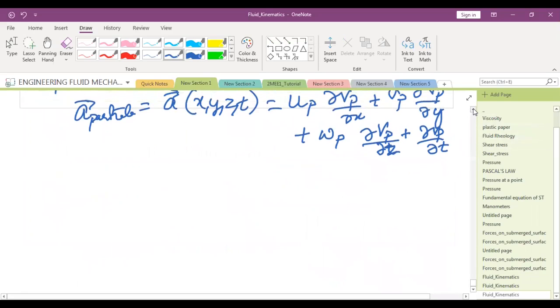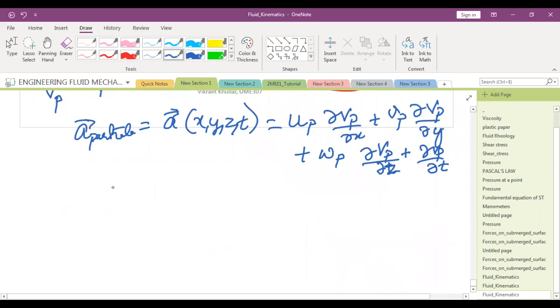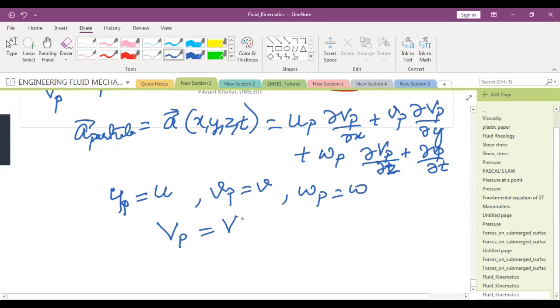Any doubts? And I know that the velocity of the fluid particle is also the flow field velocity at that point, at that instant in time. So UP is equal to U, VP is equal to V, WP is equal to W, and in general, VP becomes equal to V(x, y, z, t).